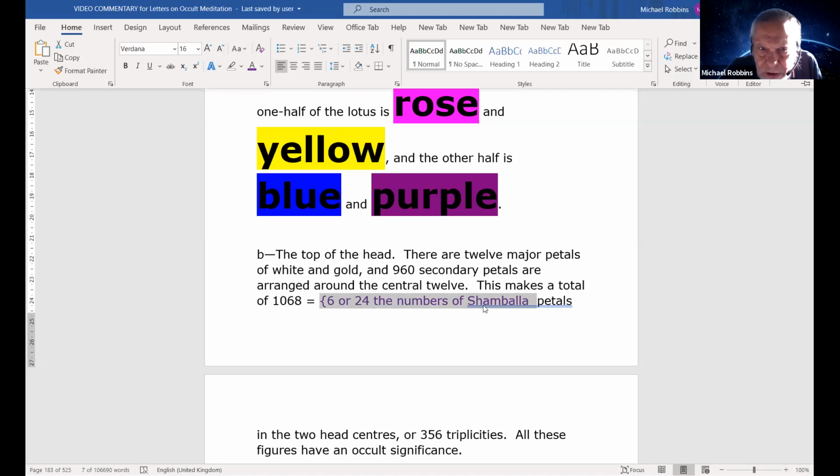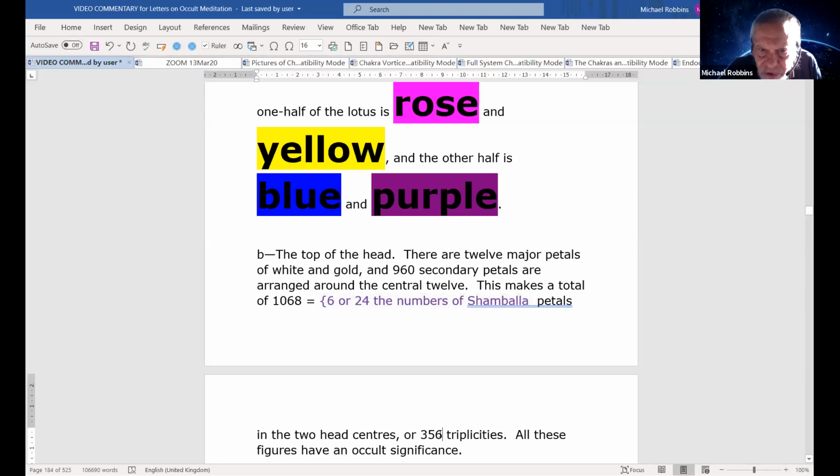So 24 petals, and then 356 equals 8, and 6 is 14 is 5. Okay. 5 is the total number. Total reduced alpha number.